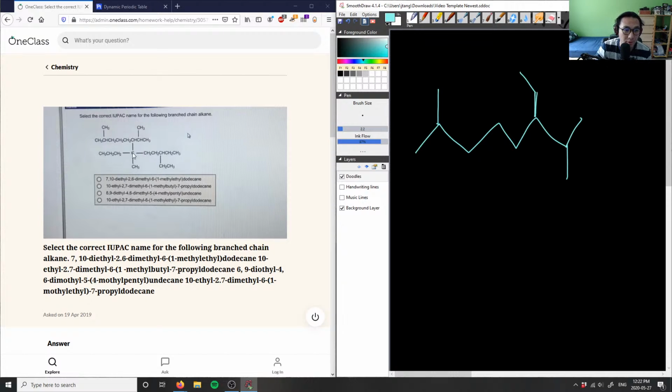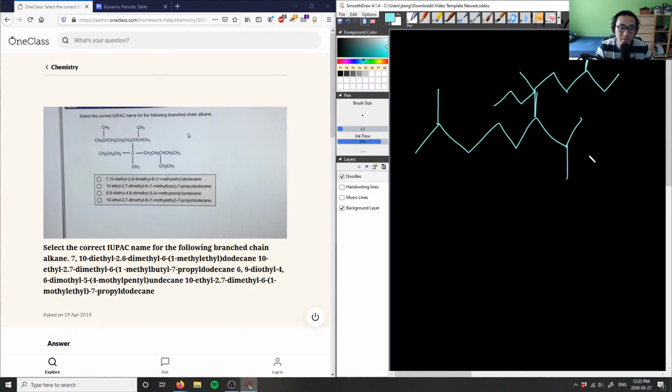And this one is bonded to a propyl chain. So 1, 2, 3. And this one is bonded to 1, 2, 3, 4, 5. So a pentyl. Within the pentyl chain, on carbon 3, it's bonded to an ethyl, like so.